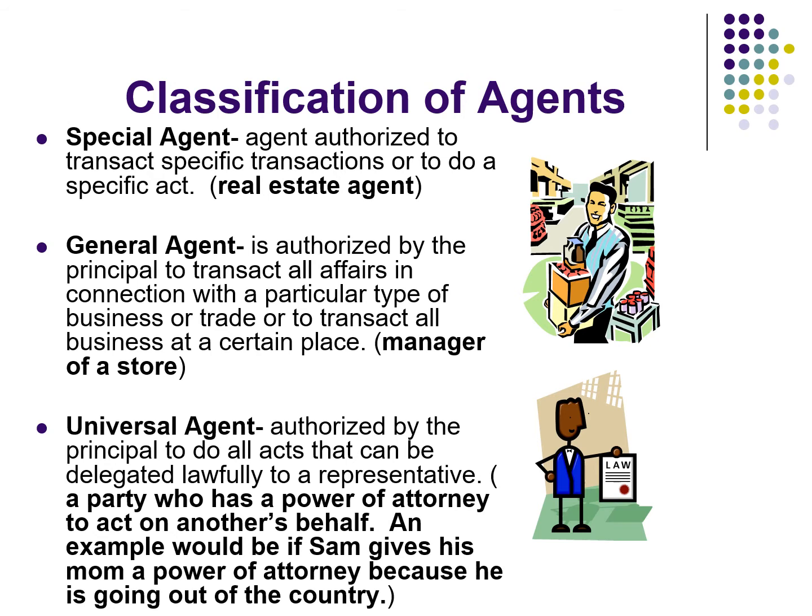So the coach in this instance is not a general agent. He's not going to transact business. He's not a special agent empowered to negotiate a particular contract. He is acting as a universal agent. He's authorized to do all the things that the mother has put in that contract, because there will be a written document creating this power of attorney in the coach, where she lays out what he can do.